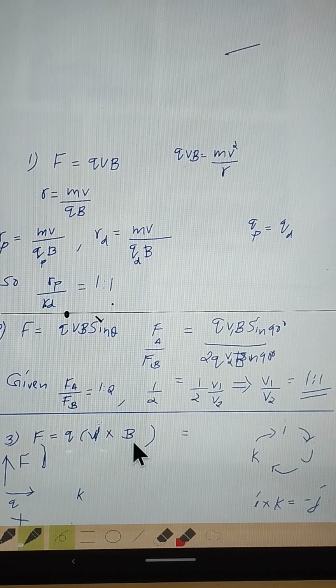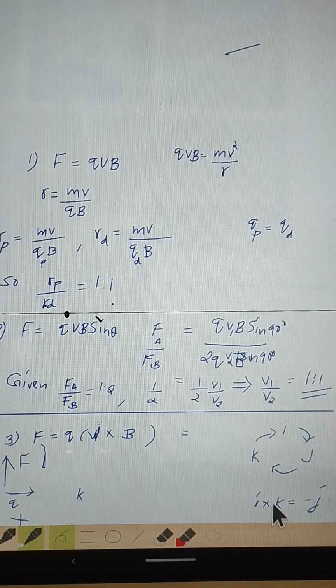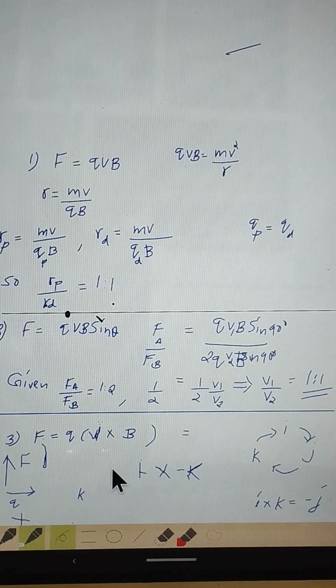What should be the unit vector associated with it? Here we are getting force along the y direction, unit vector j, and i cross what gives j? We know i cross k is equal to minus j. So what about i cross minus k?